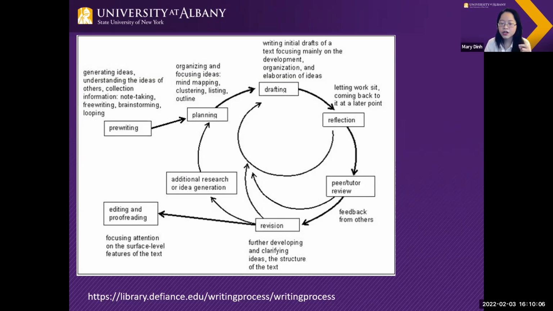Another thing I want you to pay attention to is that some people expect the writing center to edit and proofread, but you will see that it's at the very end of the process. What the writing center does is more with the planning, drafting, and helping you reflect on your idea arrangement. But as an international student, I also see a lot of my colleagues who are doctoral students or faculty members use editing services.